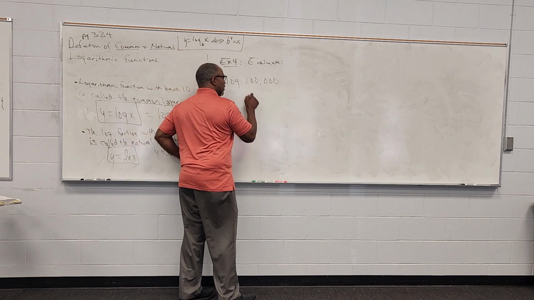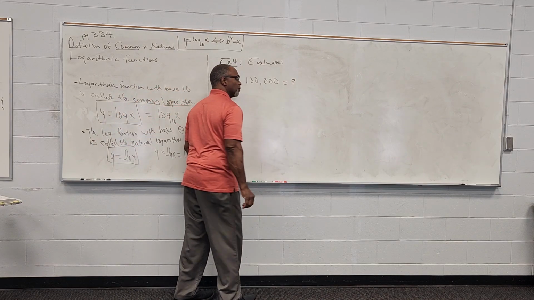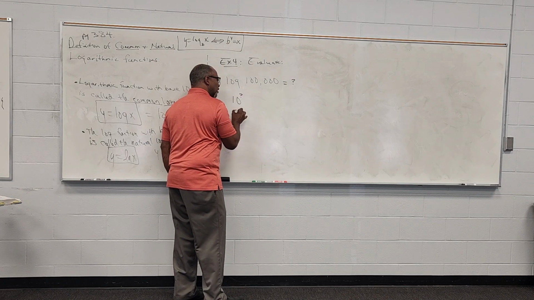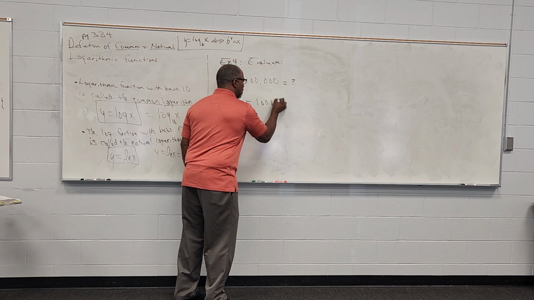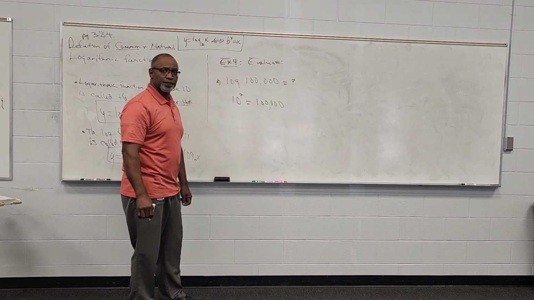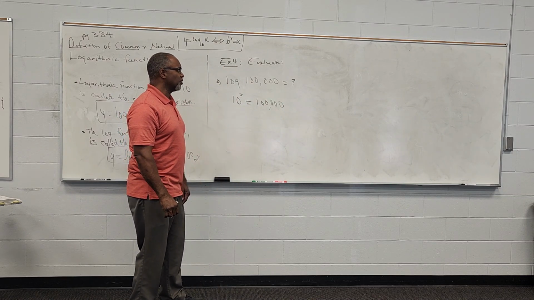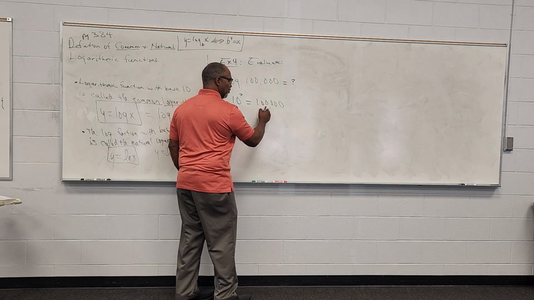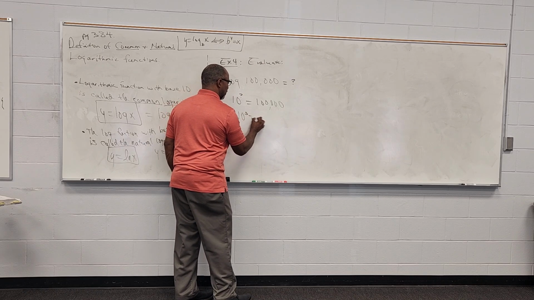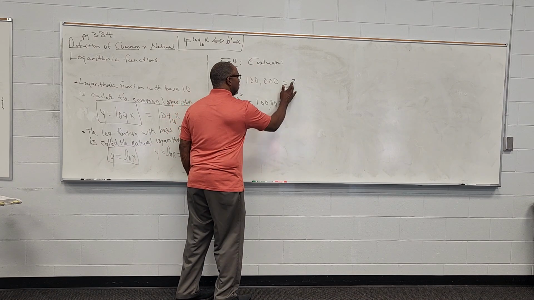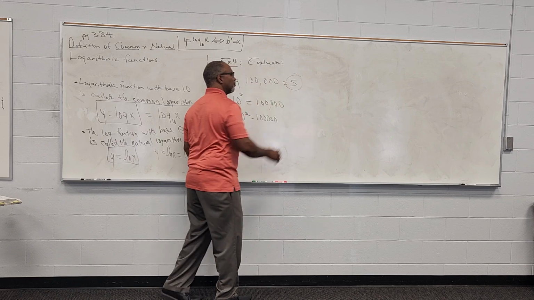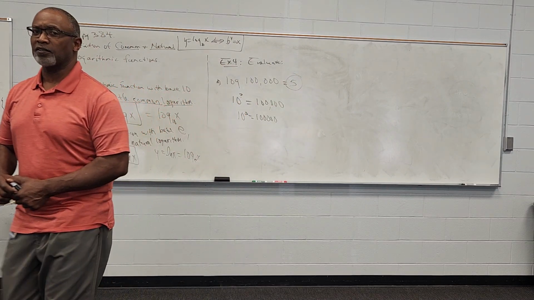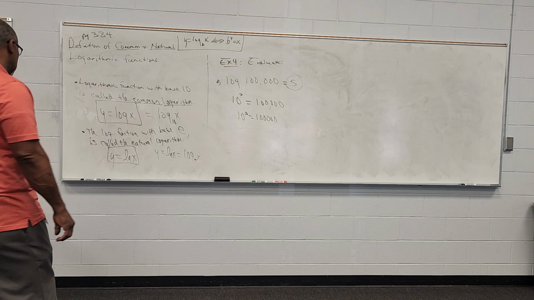All you're asking yourself is, I know that my base is 10, so 10 raised to what power is 100,000? Take your calculator, you've got 1, 2, 3, 4, 5 zeros. 10 to the 5th is 100,000. So log of 100,000 is equal to 5.